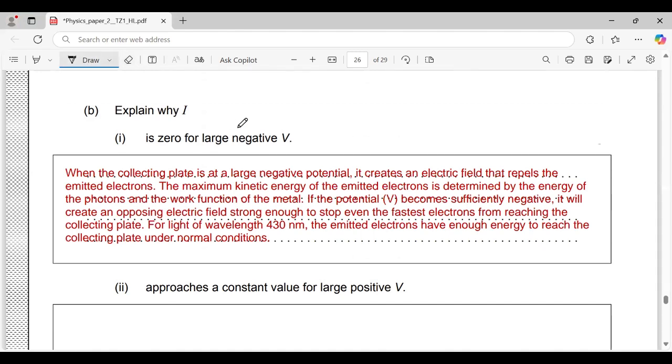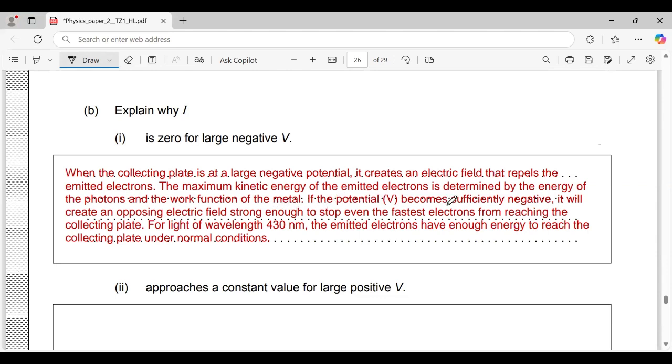When the collecting plate is at a large negative potential, it creates an electric field that repels the emitted electrons. The maximum kinetic energy of the emitted electrons is determined by the energy of the photons and the work function of the metal.